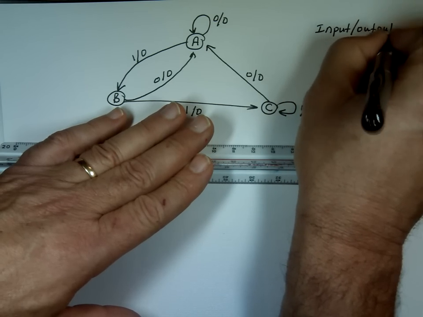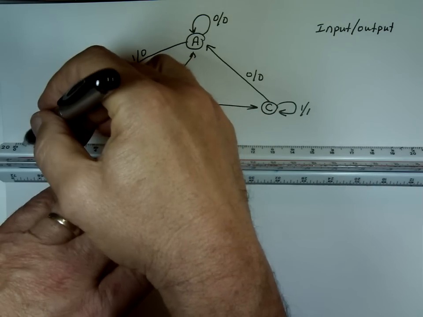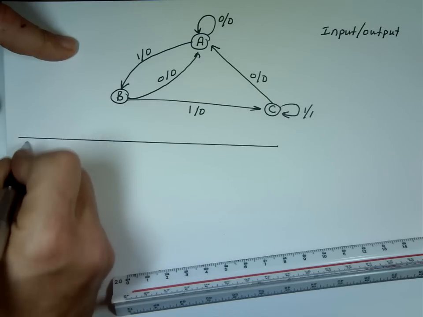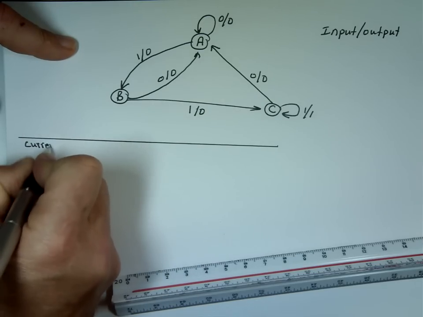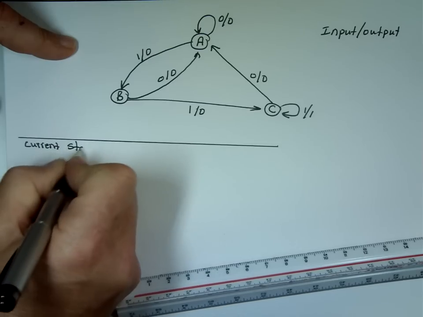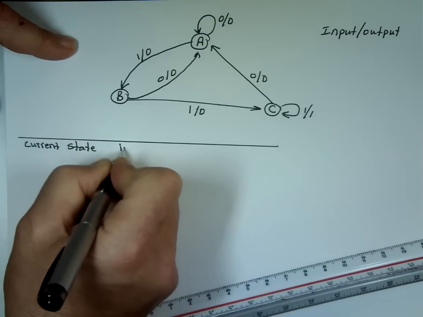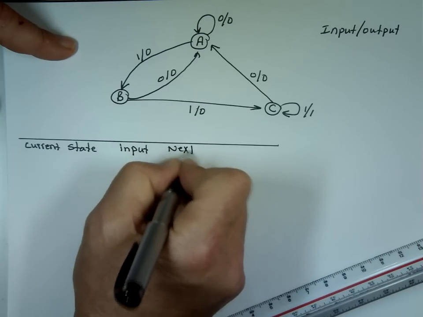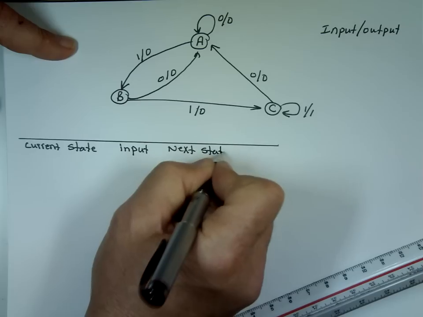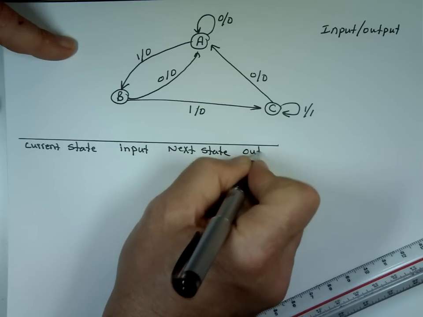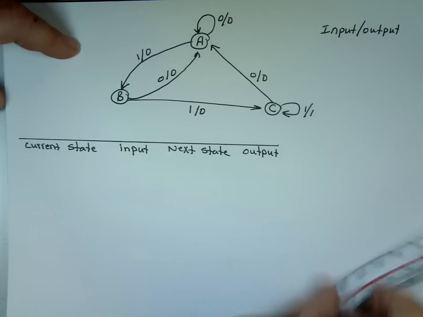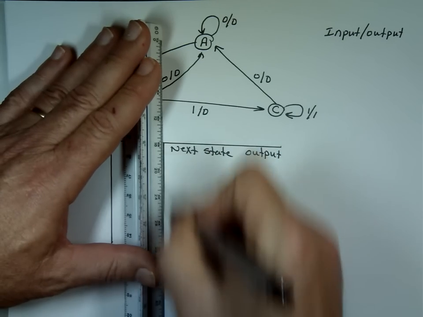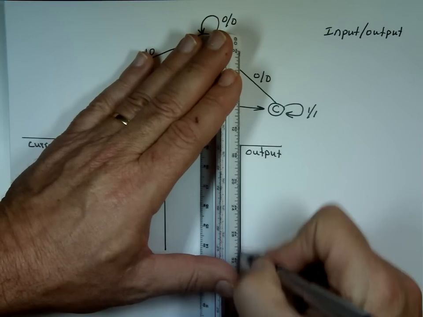So I have the current state, my input. This will be the current state. This will be the input. This is the next state where I'm going to go. And this is my output. So current state, input, next state, output.